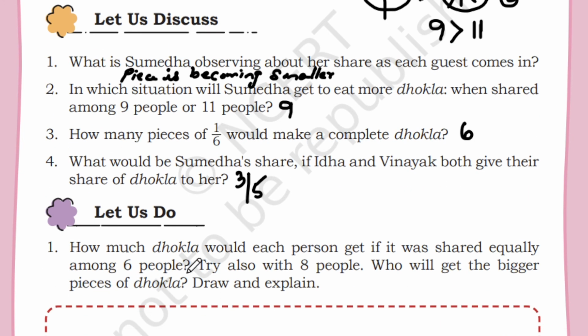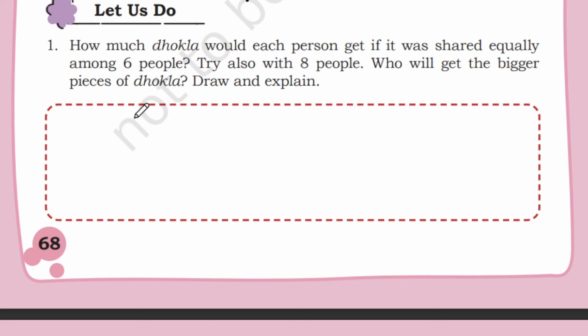Next, how much Dhokla would each person get if it was shared equally among 6 people? Try also with 8 people. Who will get the bigger piece of Dhokla? Draw and explain. Okay, now I'm going to change the color. First I'll draw a share for 6 people. So I'm going to make a circle to make a Dhokla.